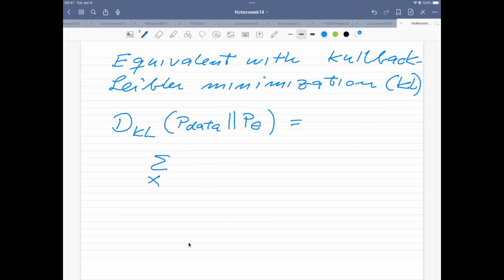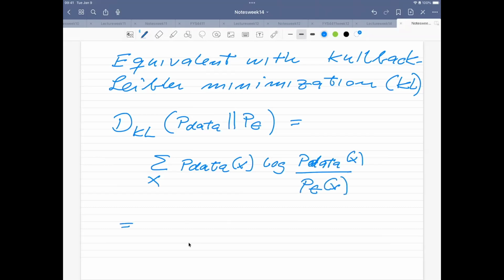And now I'm skipping this subscript i, so just write x, just to simplify life a little bit. And then there is a probability, P data of x, and log of P data of x divided by this quantity P theta of x. And you can see that this is equal to that term which we had earlier.